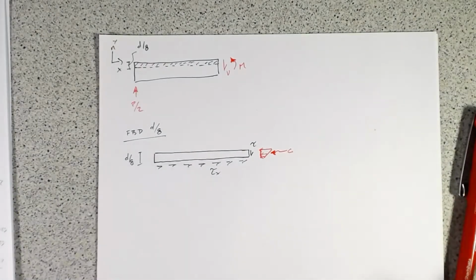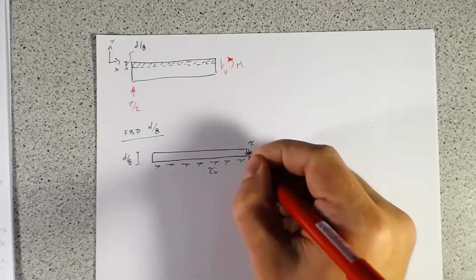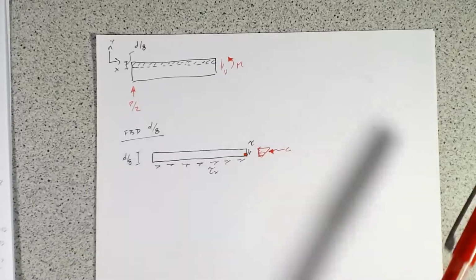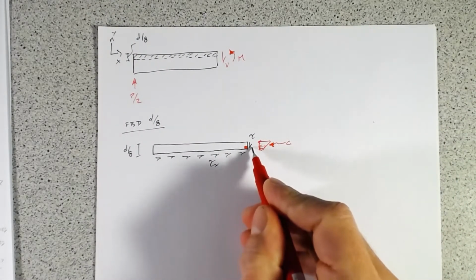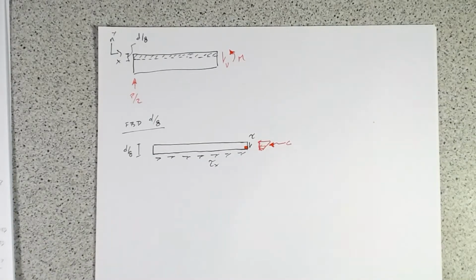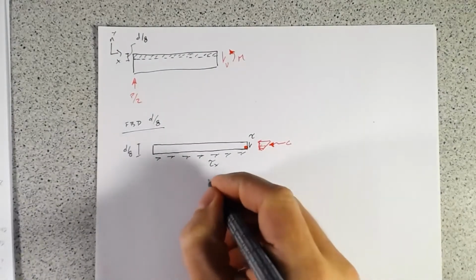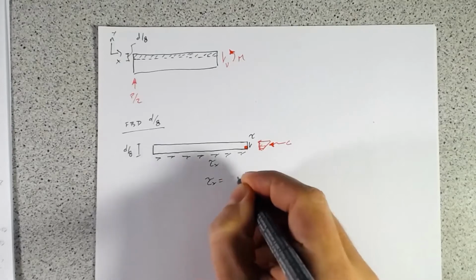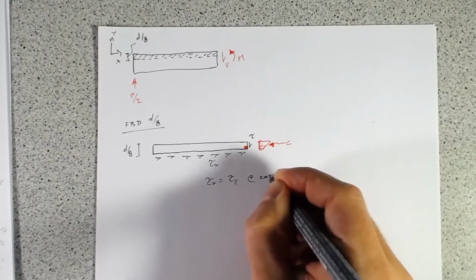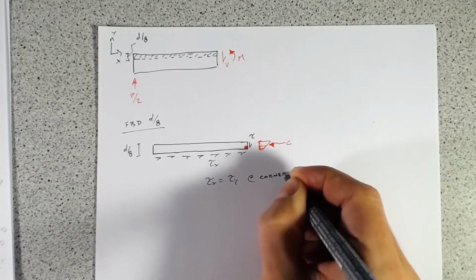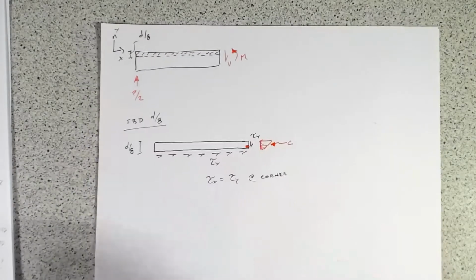And we know that at the very corner here, that little red corner, the shear that's longitudinal and the shear which is transverse have to equal each other. So tau x has to equal tau y at that corner. We'll call that tau y.